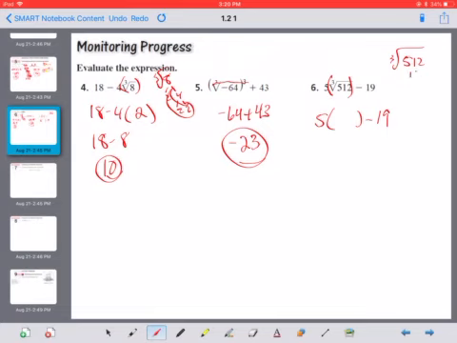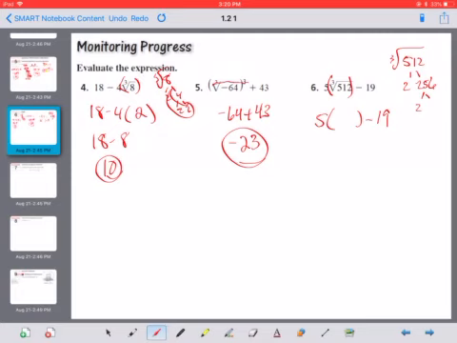Cube root of 512. Let's see, 5, 6, 7, 8. 3 doesn't go into it. 2 does. 256.